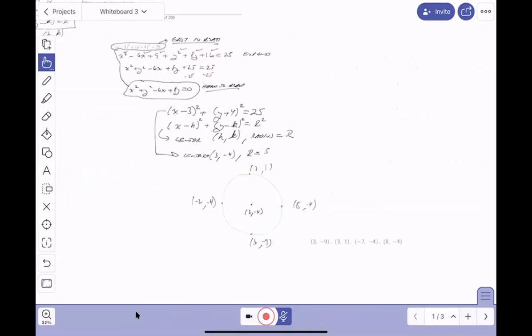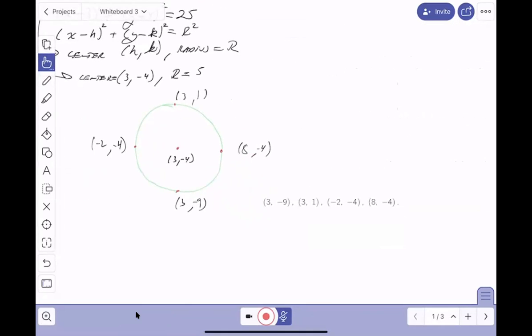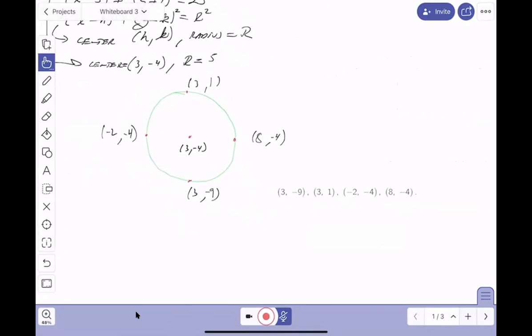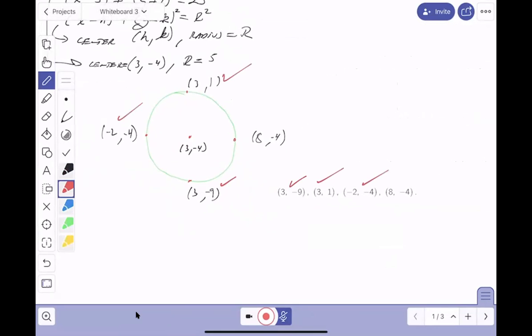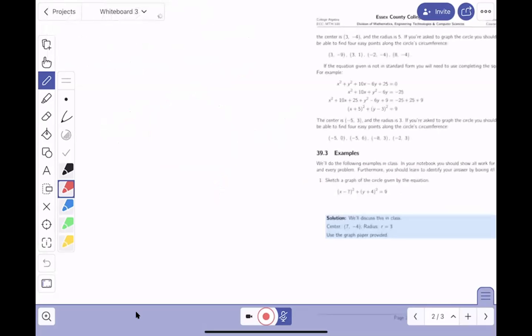It's over here. I'm going to blow this up. And we'll see how I did. Did I get what they said I should get? And let's go through it one at a time. And you should be doing this too when you do homework. So 3, minus 9; 3, 1; minus 2, minus 4; and 8, minus 4. I will go to graph paper later, by the way, but right now you should have some sense of what I did. I got the center and I got the radius. All right, go back to the next page.